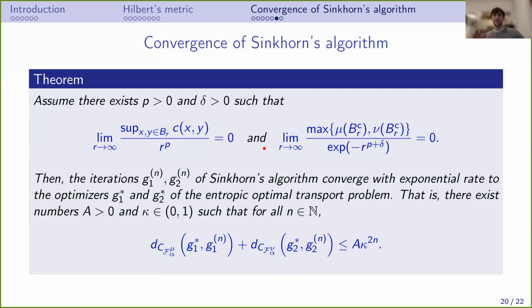And the restriction that they are facing in this regard is that they can only show this exponential convergence for large enough regularization parameters epsilon. Basically, I think they are dealing with this case very elegantly and, let's almost say, conclusively.